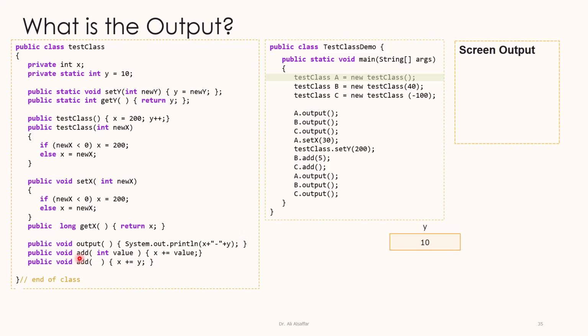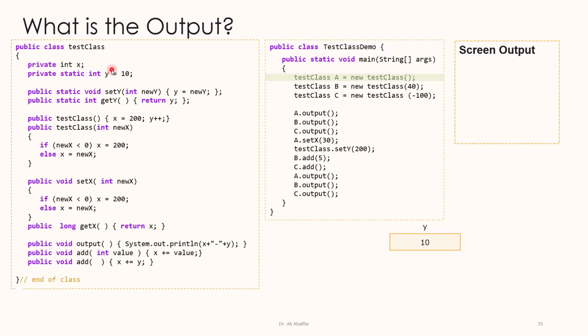The first method adds the input parameter value to the current value of the instance variable x, and the second method adds the current value of the static variable y to the current value of the instance variable x.